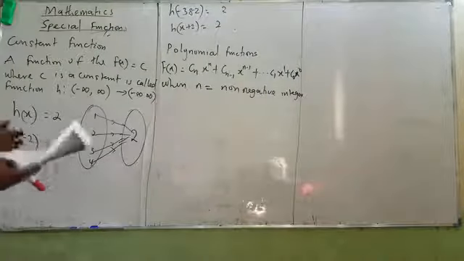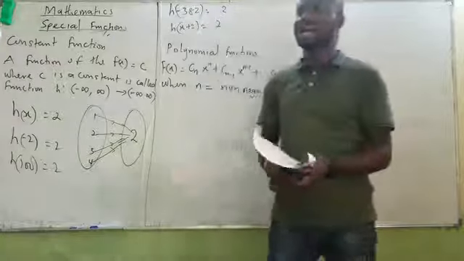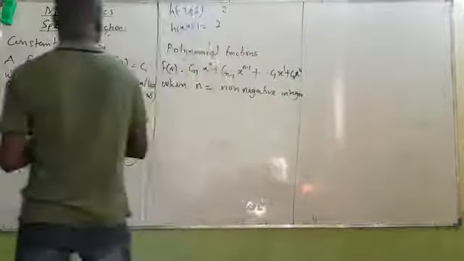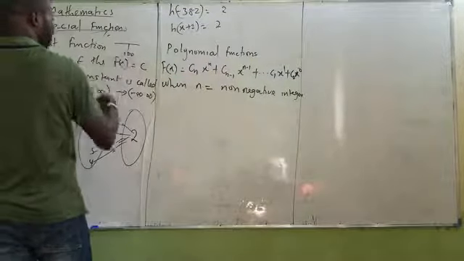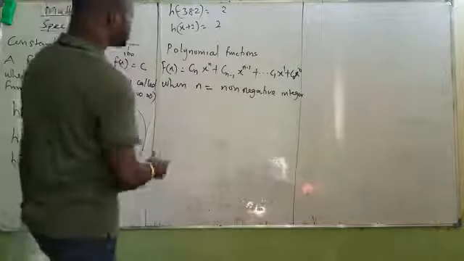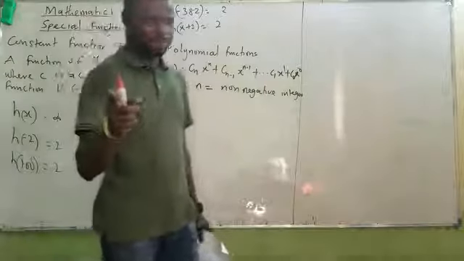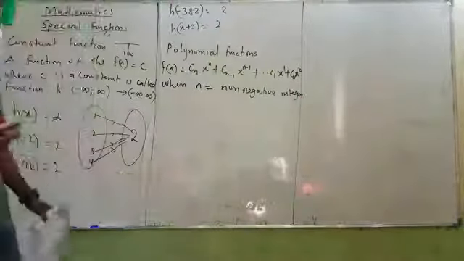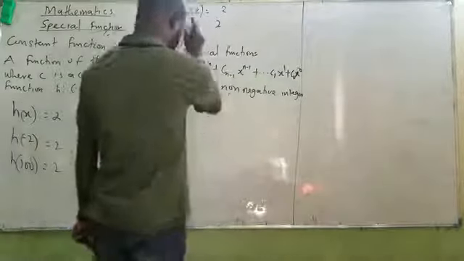Real is a collector that collects all the numbers, but integers are commonly used numbers, like minus 100 is an integer, 100 is an integer, but 0.77 is not an integer. This must be an integer that can never be negative. If it is negative, the story will change. It will change to a rational function. Take note of that.